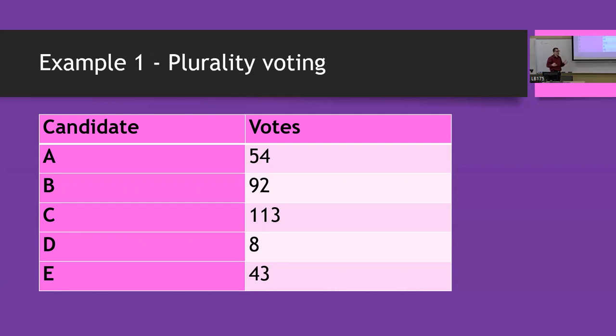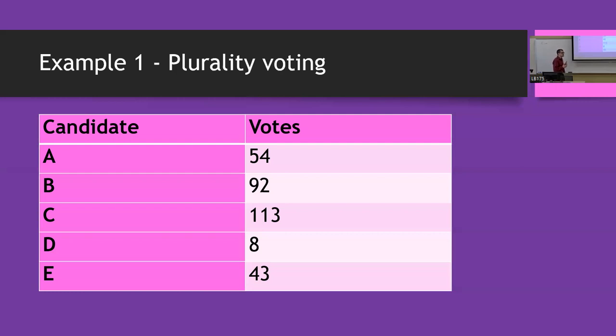And you might say, yeah, that sounds really fair. And it's kind of fair. It is fair in a sense that it's fair to each candidate. All candidates are treated equal. And it's fair to each voter. Each voter got one vote.